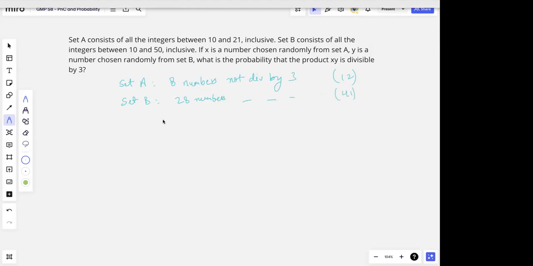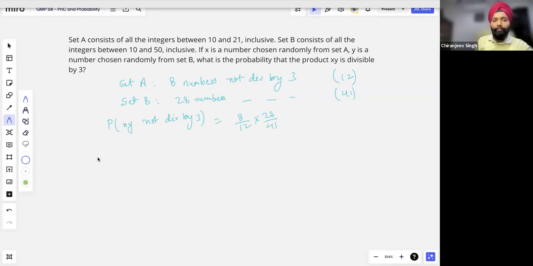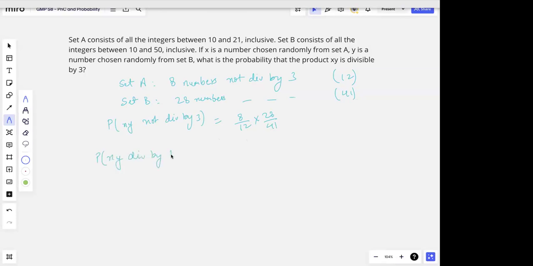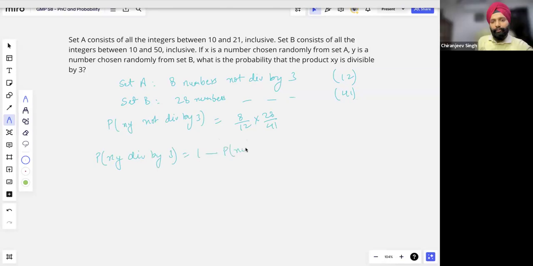So the probability that the product XY won't be divisible by 3 is 8 by 12 into 28 by 41. And I subtracted it from 1, because the probability of XY not divisible by 3 plus XY divisible by 3 is equal to 1.